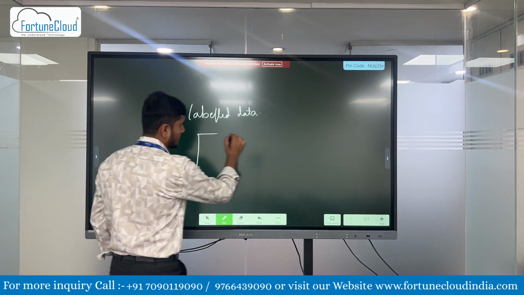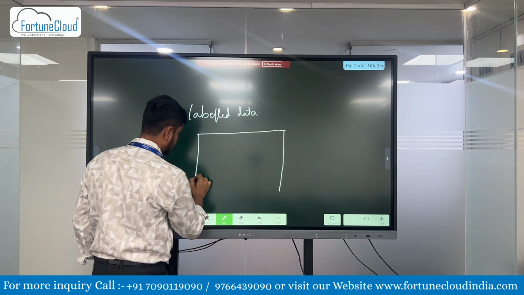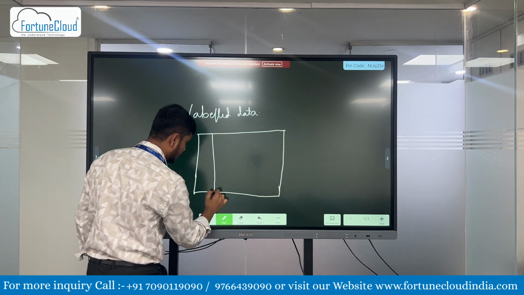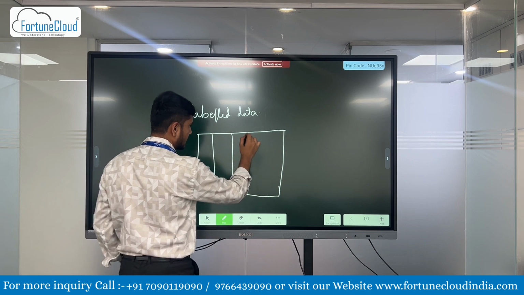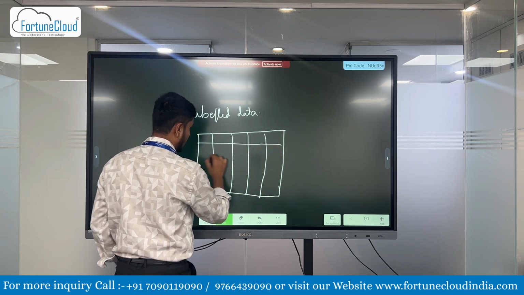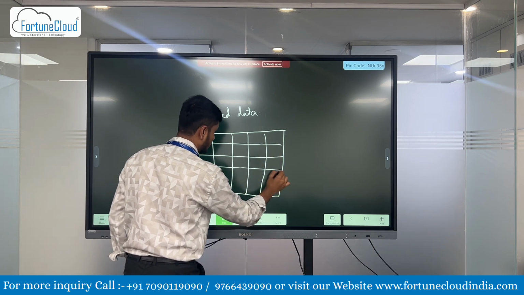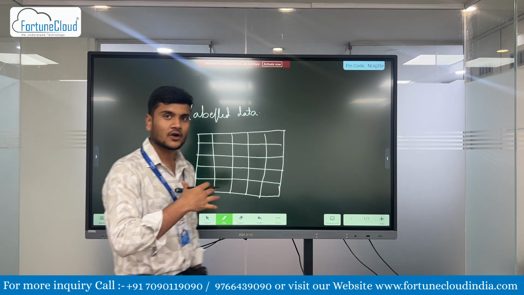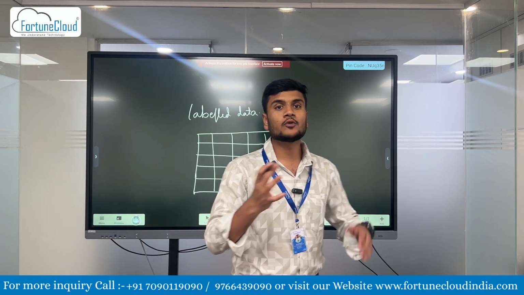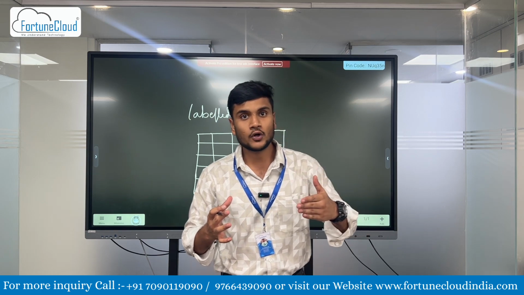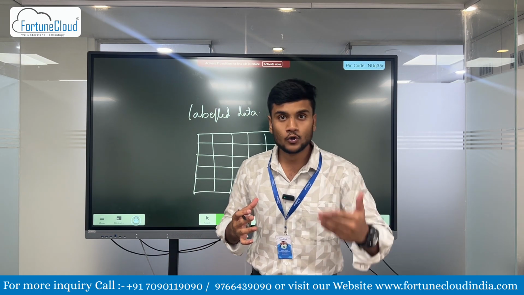Take this as a data set, with the rows and columns which we have. Now what do you mean by label? Labeled data is where we have input as well as the output.